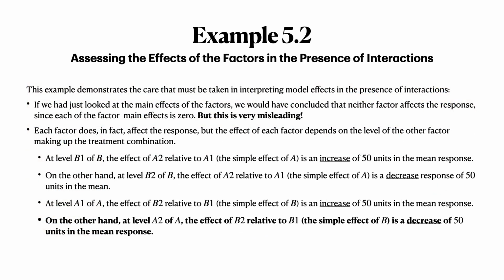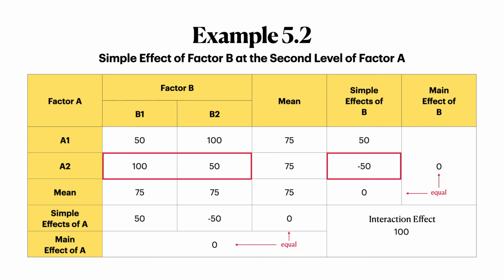But at level A2 of A, the second level of factor A, the effect of B2 relative to B1, which is the simple effect of B, is a decrease, not an increase, but a decrease of 50 units in the mean response. And so we see that demonstrated here.